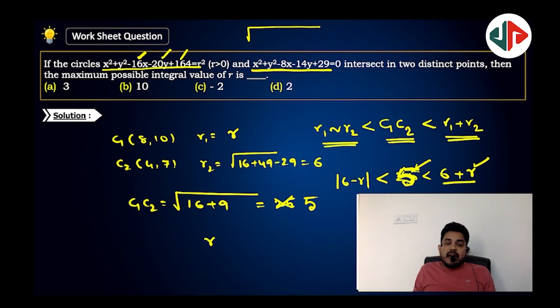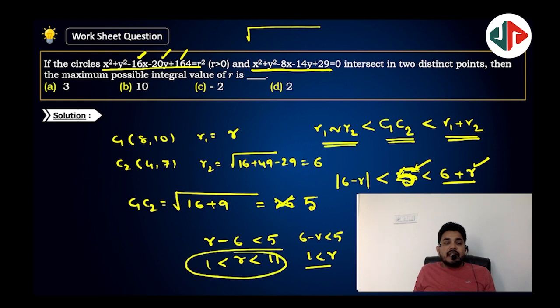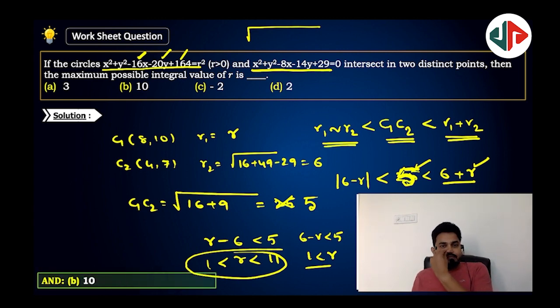So R minus 6 is less than 5, that means R should be less than 11. Next, 6 minus R less than 5, so that means 1 is less than R. So R lies between 1 and 11. So the maximum possible value from here, you can take it as 10.